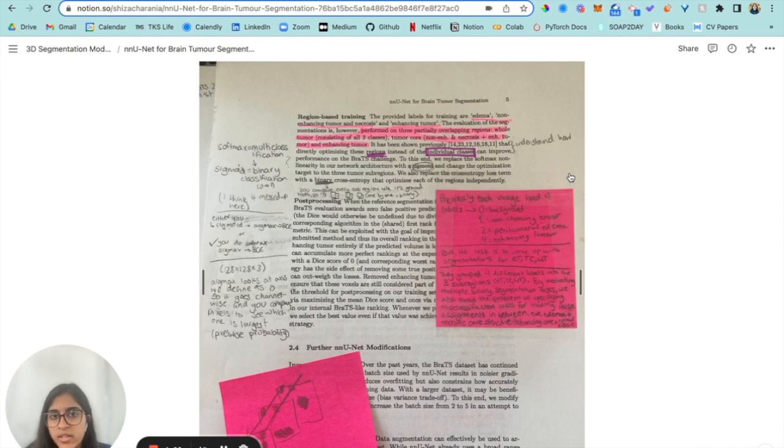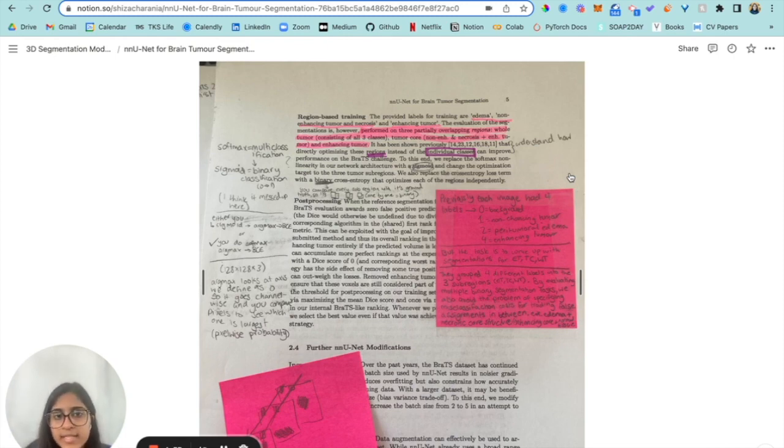You can call it anything else as well. And then the tumor core is the non-enhancing plus the necrosis, though necrosis is easier to say. And then you just have the enhancing tumor by itself.